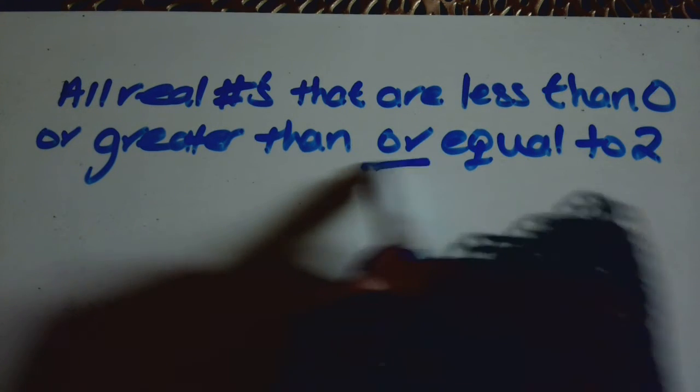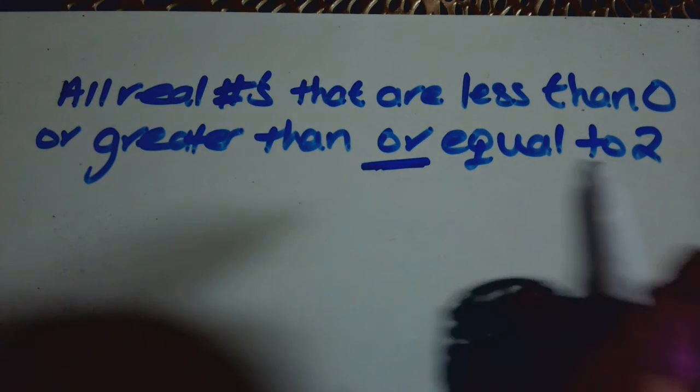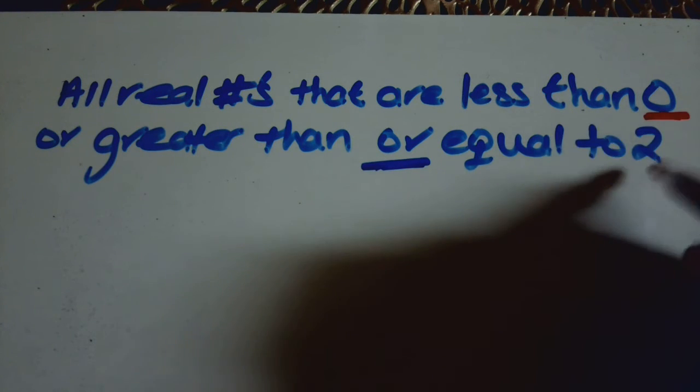Okay, so the or here, less than 0 or greater than or equal to 2. So you see that the or is being used, so that's your tip off that you are looking at two separate inequalities. So the numbers they're mentioning are 0 and 2.